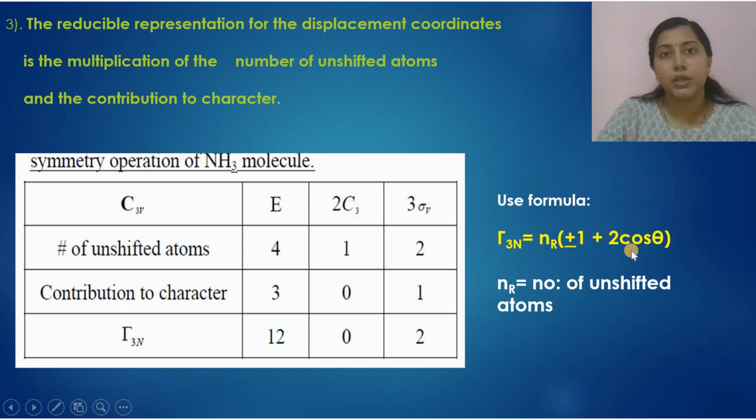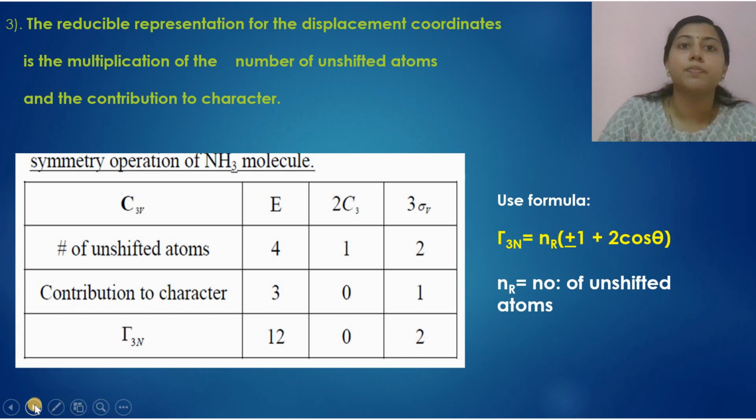Plus 1 is for proper rotation, minus 1 is for improper rotation, and theta is the angle of rotation. So substituting in this, we will get for identity it is 3, for C3 0 and sigma V 1. So multiplying the number of unshifted atoms and the contribution to each character, we will get reducible representation, the total representation as 12, 0, 2.